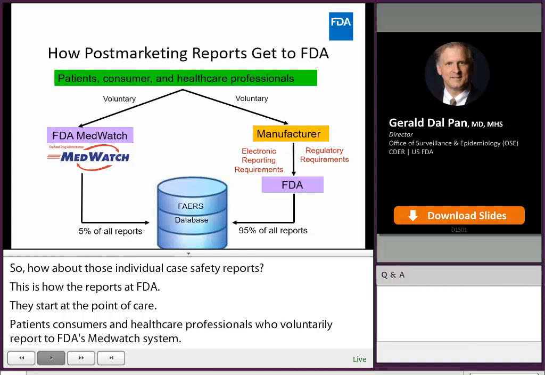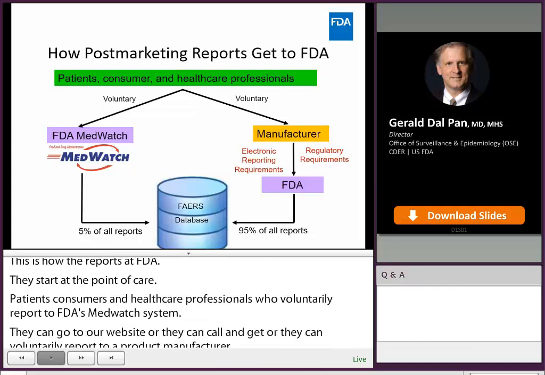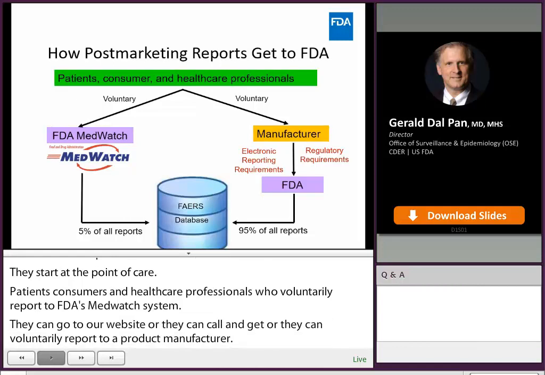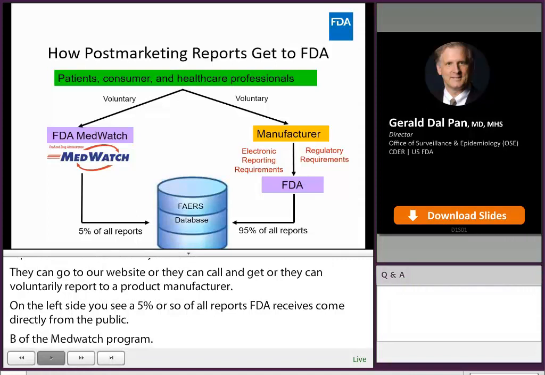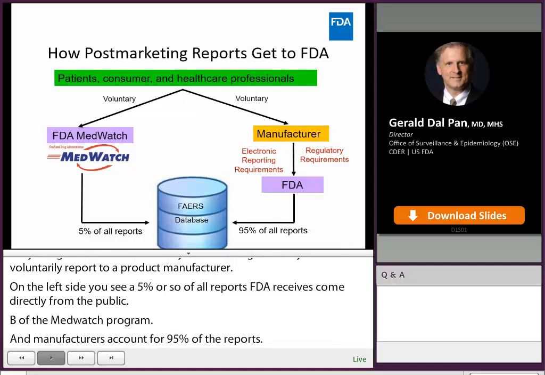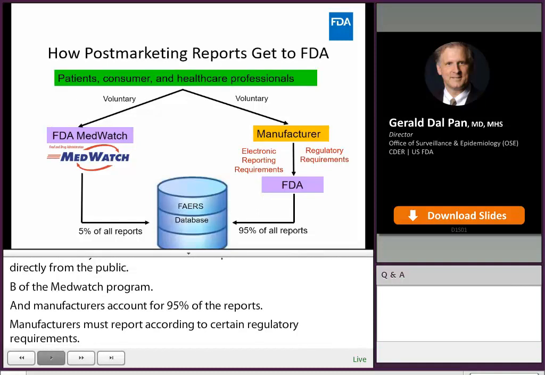So on the left side, you'll see that 5% or so of all the reports that FDA receives come directly from the public via the MedWatch program, and manufacturers account for 95% of the reports. Manufacturers must report according to certain regulatory requirements, and they must report using electronic means specified by the agency.